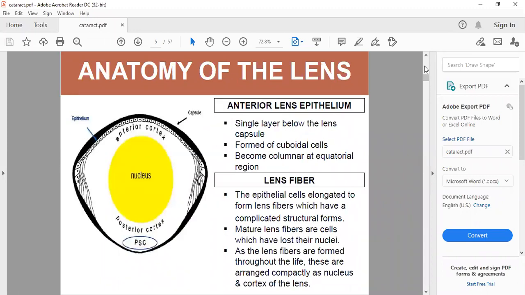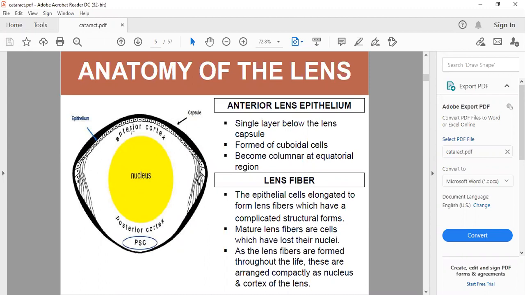If you see, the lens has various parts: this is the posterior capsule, this is the anterior capsule, then the cortex, and in the center there is the nucleus, with various layers of nuclei according to age. Let us not go into the details of the nuclei.